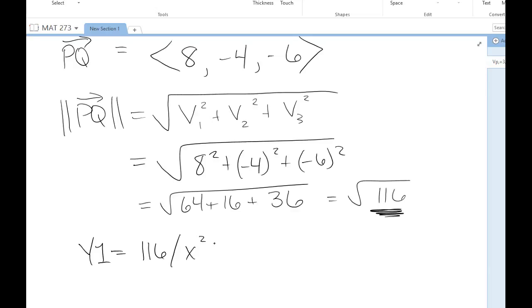So we're checking to see if 116 has any perfect square factors. We're dividing it by x squared, and then we look at the table. If you see any whole number x, y coordinates in your table, then that's how it's going to simplify. The x is what comes out, and the y is what stays in.